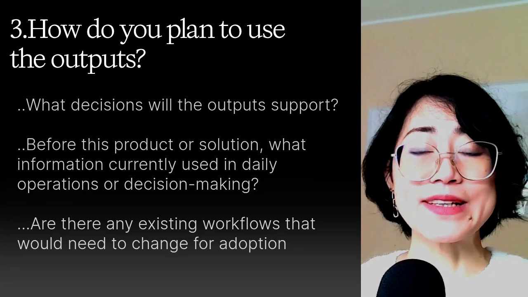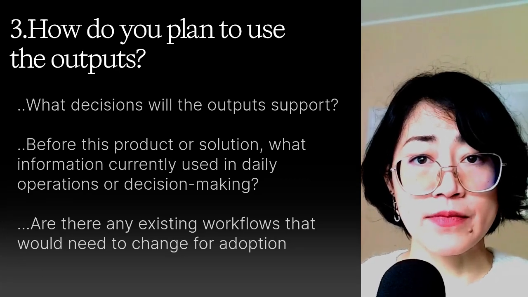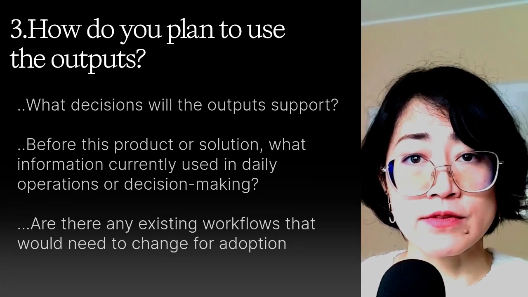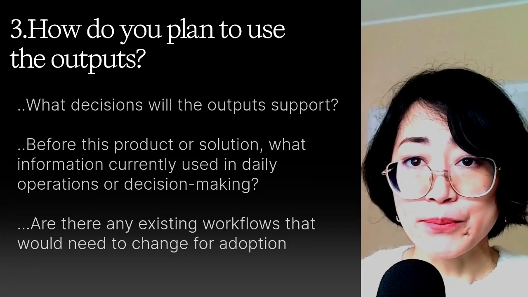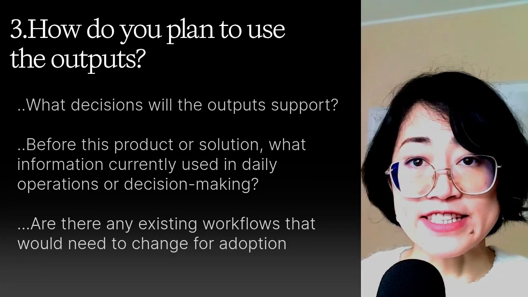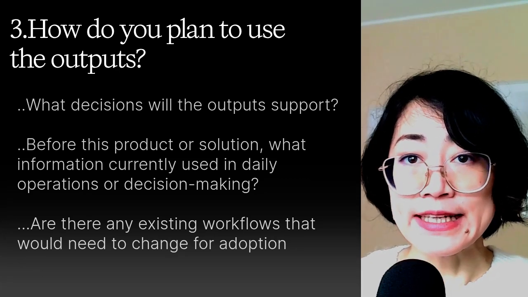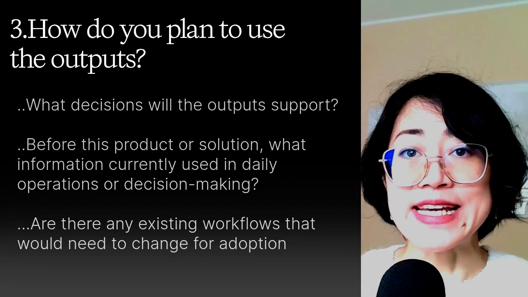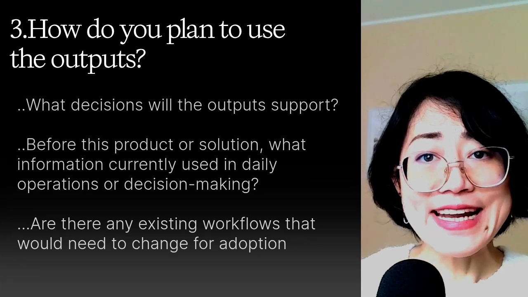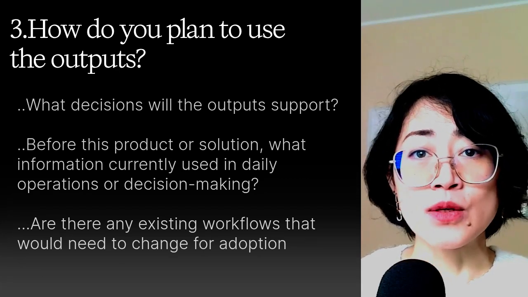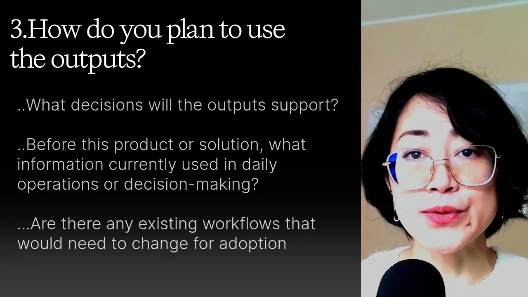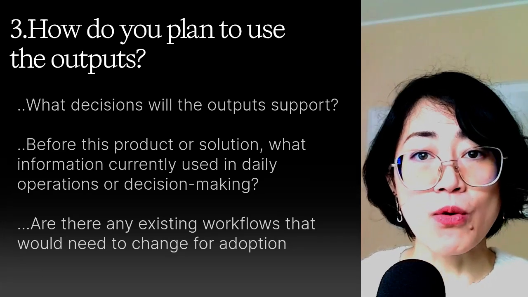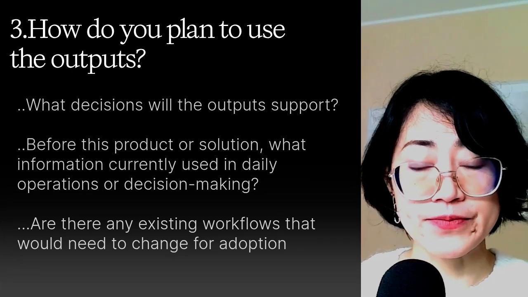For example, what decision will the output support? Before this product and solution, how does the existing process look for making the decision, or how is the data currently used in daily operation? Are there any existing workflows that would be changed in order to use the new data or the tool effectively in the future?